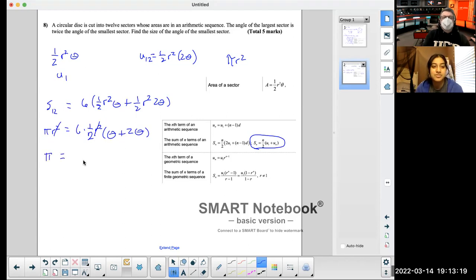So this is 6 times 1/2, which is 3, times 3 theta. Pi equals 9 theta. Pi over 9 equals theta. Wait, how'd you get the 3 times 3 theta? Okay, well, 6 times 1/2 is 3. 3 times theta plus 2 theta.